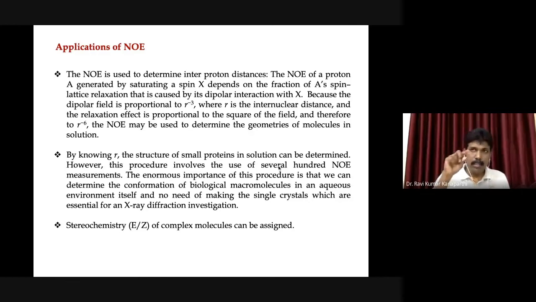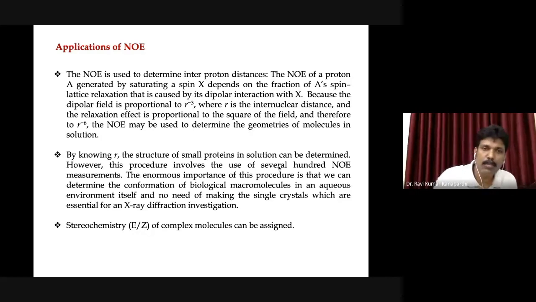The enhancement factor eta is related with the distance. Since they are through space, it is 1 over r cubed or r to the power 6 difference. Therefore, you can actually calculate the distance between the two nuclei by doing the NOE experiment.